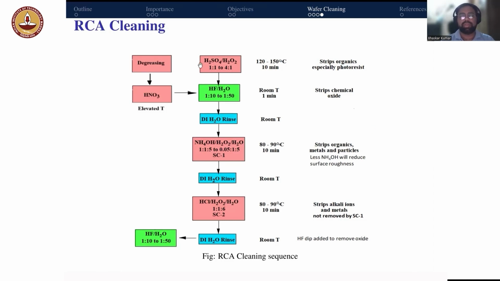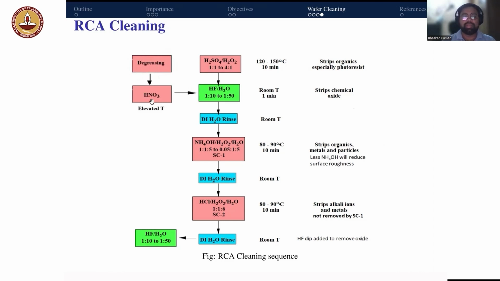So let us recapitulate what we have learned so far. As mentioned in the earlier slide, we start with degreasing, which is the removal of organic contaminants, involving a sequence of TCE, then acetone, then IPA, then DI water. After degreasing, we go for HNO3.